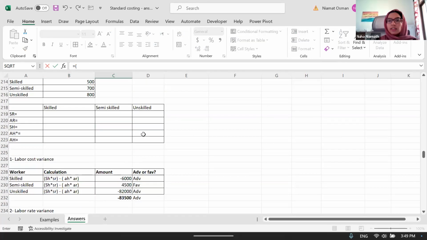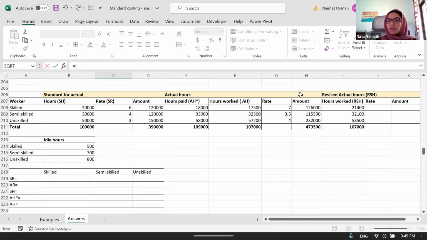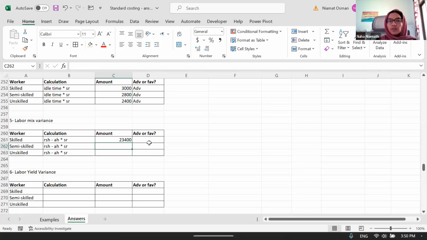What is our revised standard hours? It comes to 21,400. But how much did we actually work or pay? Worked. Perfect. Thank you, Neetu. Into standard rate. So that is giving me 23,400.